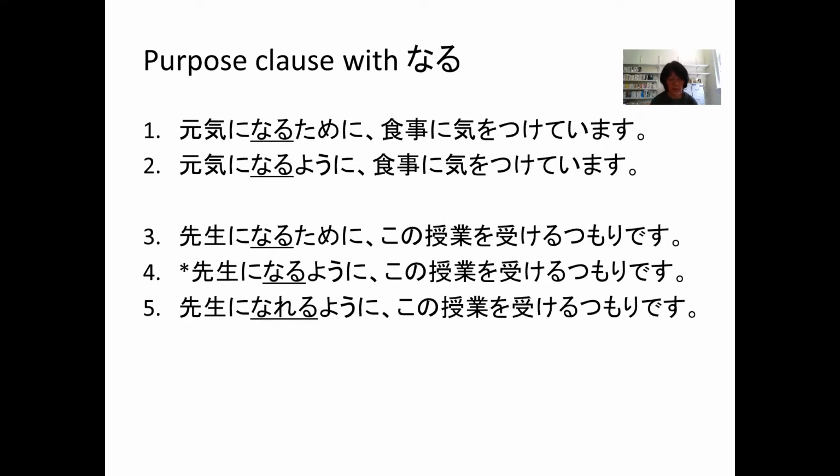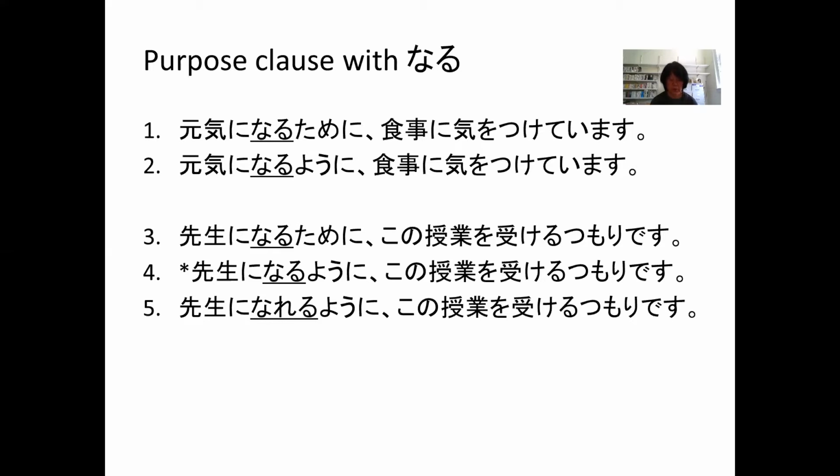Next, compare sentences 3 and 4. Although the same verb naru is used in both cases, sentence 3 is grammatical, but sentence 4 is not. Sentence 3 means, I plan to take this class in order to be a teacher.